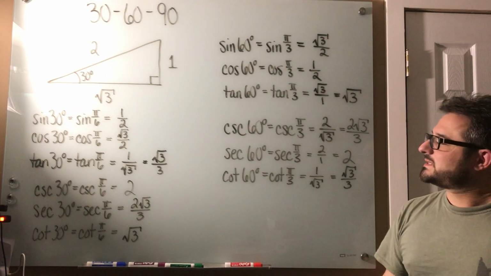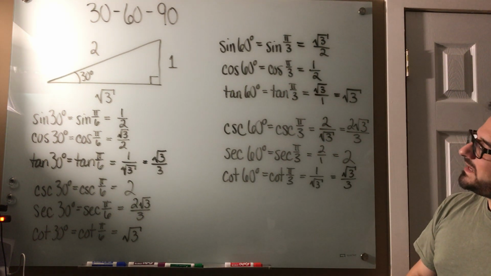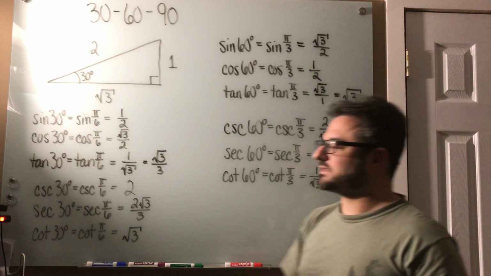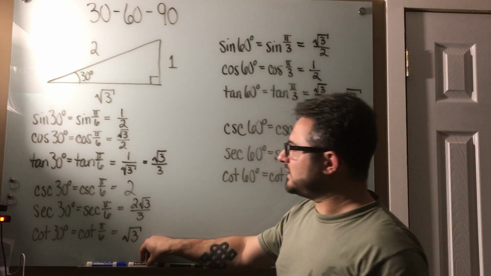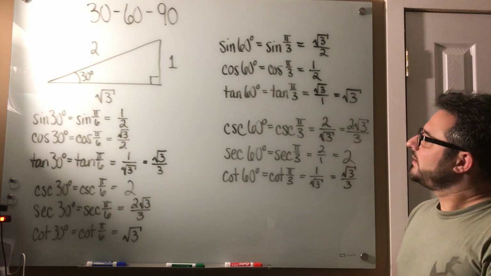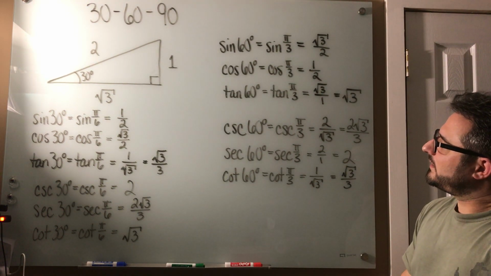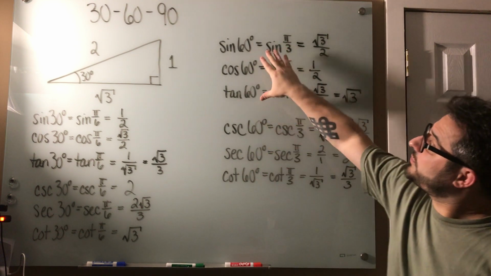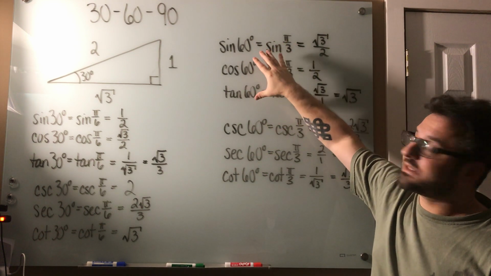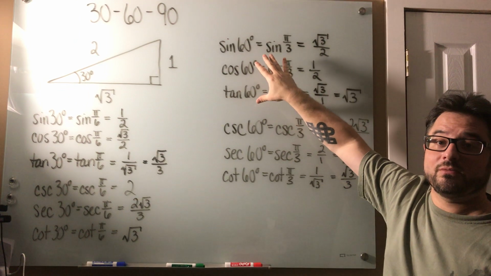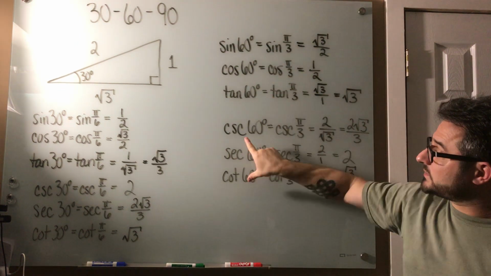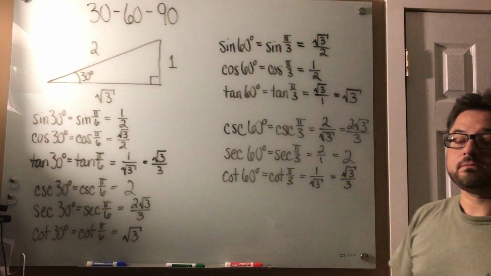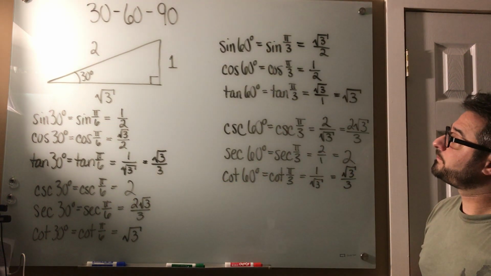Understanding that relationship is very helpful because it saves you from having to have all of this stuff memorized. Understanding the reciprocal relationship means you don't have to constantly recalculate all of these. If you can do the sine, the cosine, and the tangent for an angle, you can get the reciprocals and you can get the cofunctions of the complementary angle.